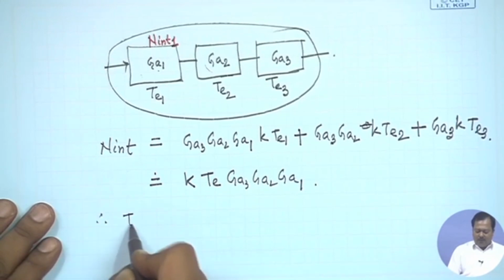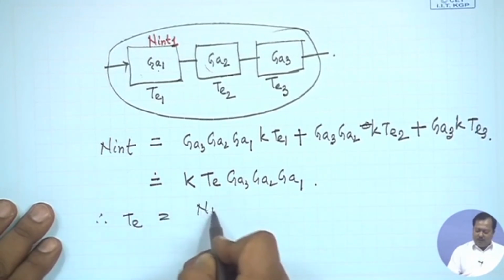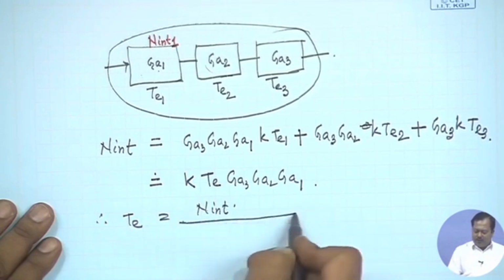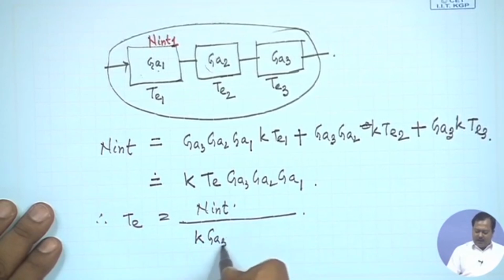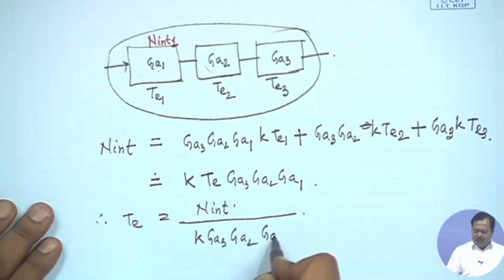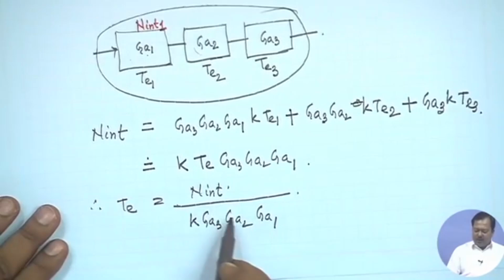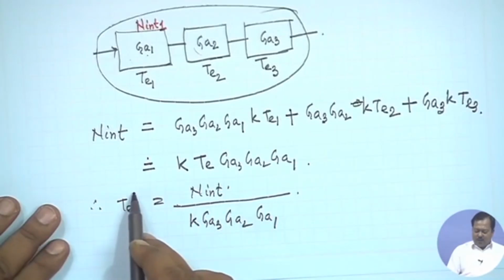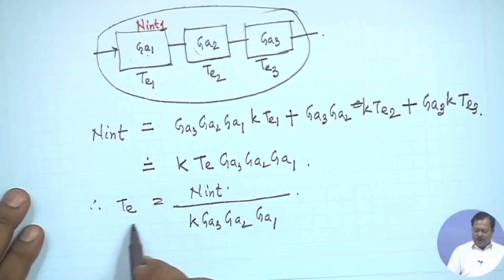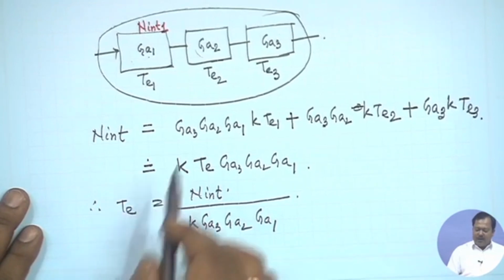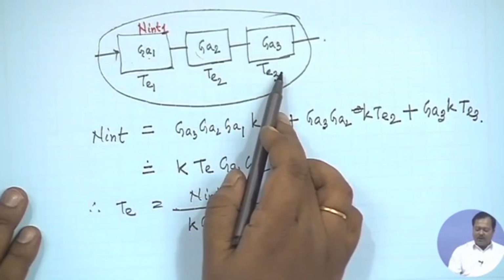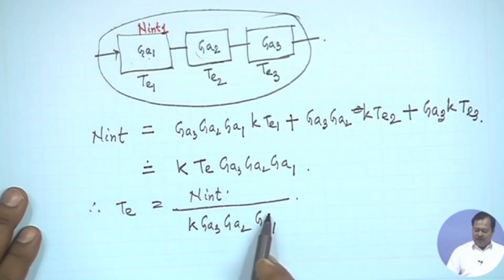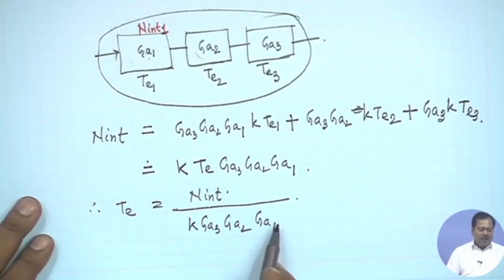Therefore TE is equal to N internal divided by k GA3 GA2 GA1. What we are assuming is that one resistor of equivalent noise temperature TE is connected to the left of this system, and the system itself is noiseless. That is why we are multiplying by the three gain factors GA3, GA2 and GA1.